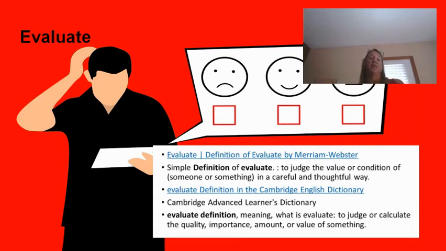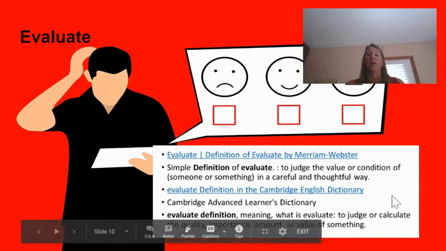Or was it ineffective? Did it not work? So that's what you want to remember with the simple definition of evaluate, to judge. And the next one on the bottom says to judge the quality of, the importance of, the amount of, or the value of something. And we will definitely lean in that direction when we are evaluating.